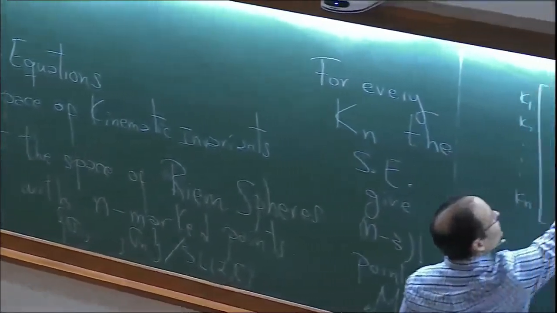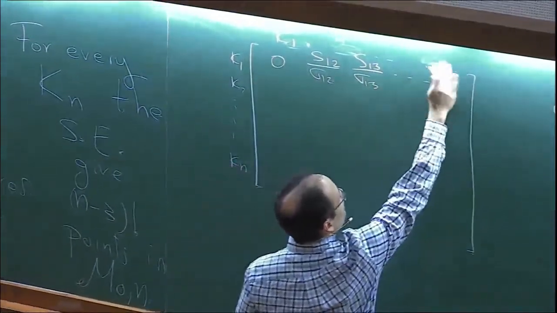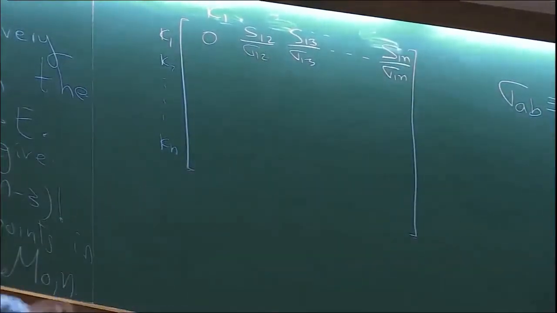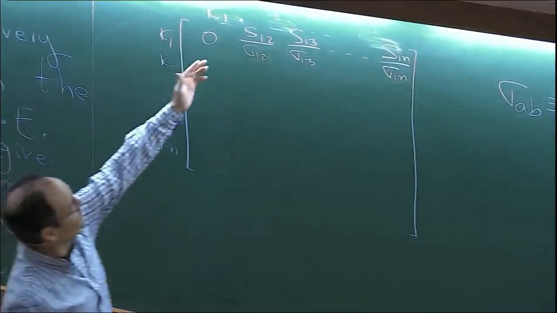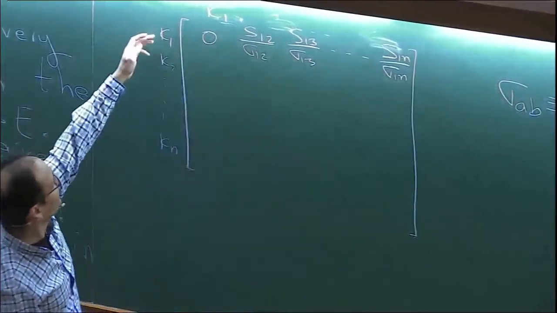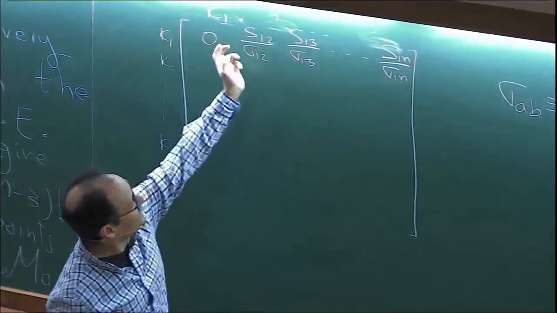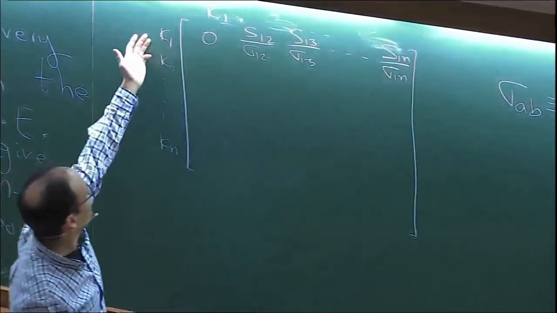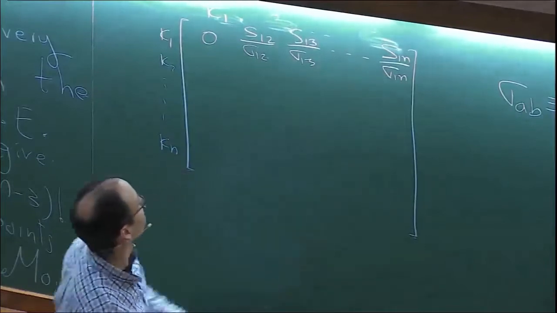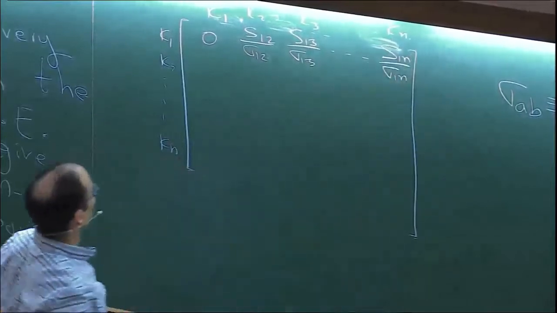So what we do is dress every kinematic invariant with the corresponding propagator. Now, each of the terms in the matrix comes from the inner product between K1 in the first row and the K that labels the column: K2, K3, up to Kn.